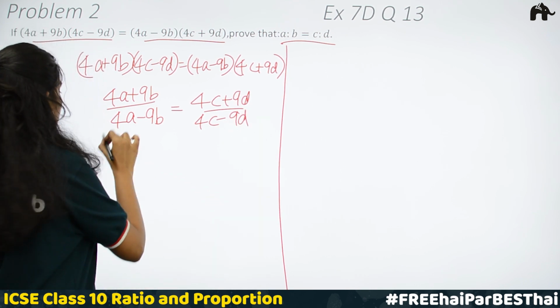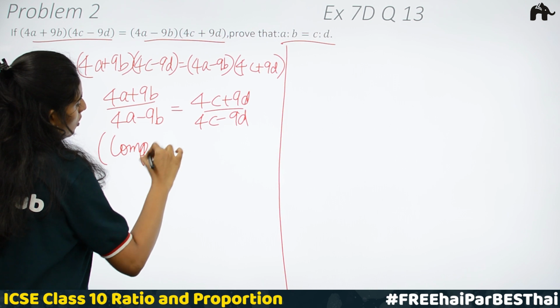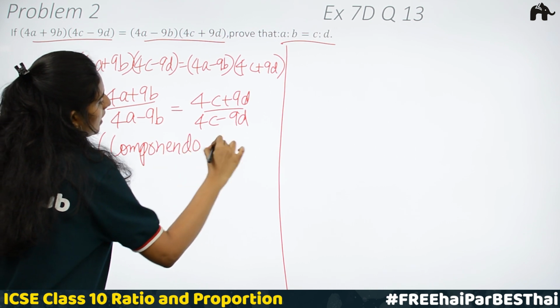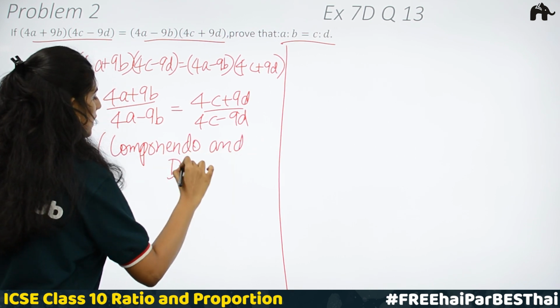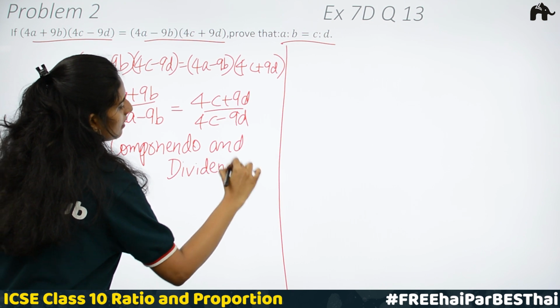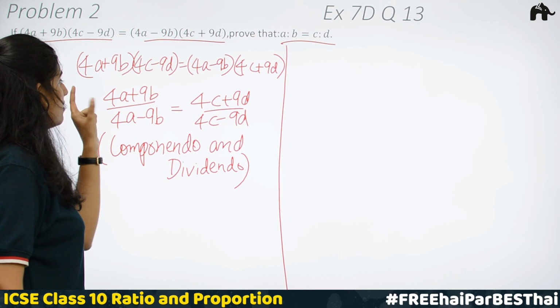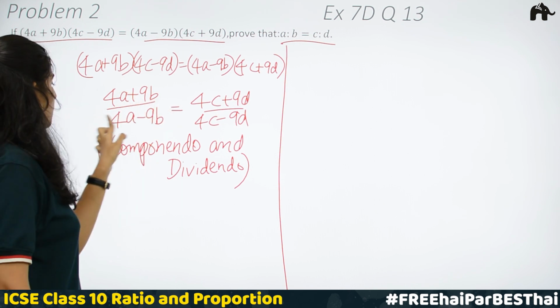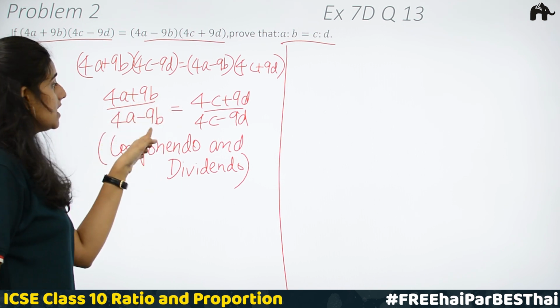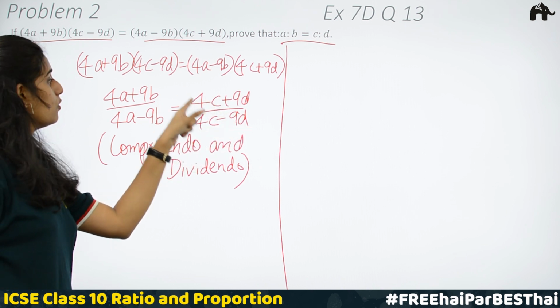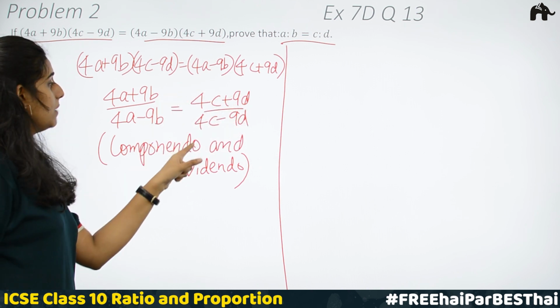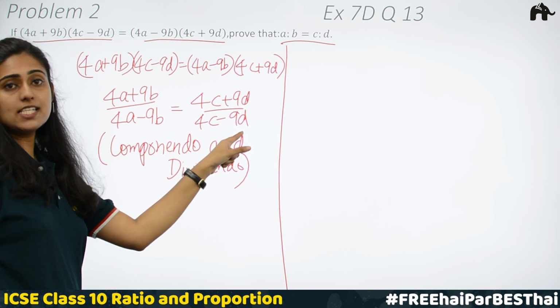Okay, now applying the property of componendo and dividendo, we get, in the place of a we have 4a + 9b, place of b it is 4a − 9b, in place of c, 4c + 9d, and in place of d it is 4c − 9d.